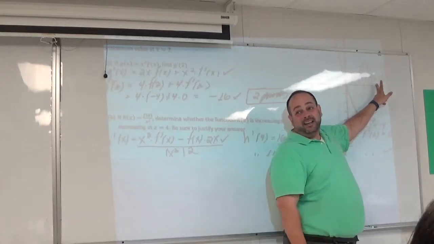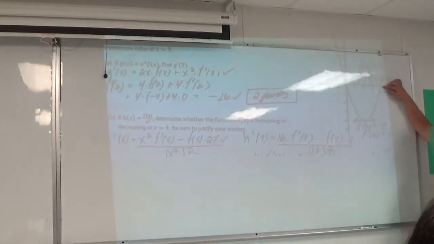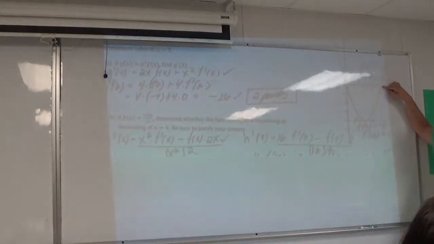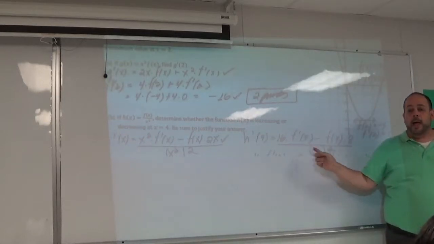What's f doing at x equals 4? It's increasing. Anybody know anything about f prime of 4? Above the x-axis. Greater than 0. Thank you, Gonzalo. F is increasing at 4, so f prime of 4 has to be positive.